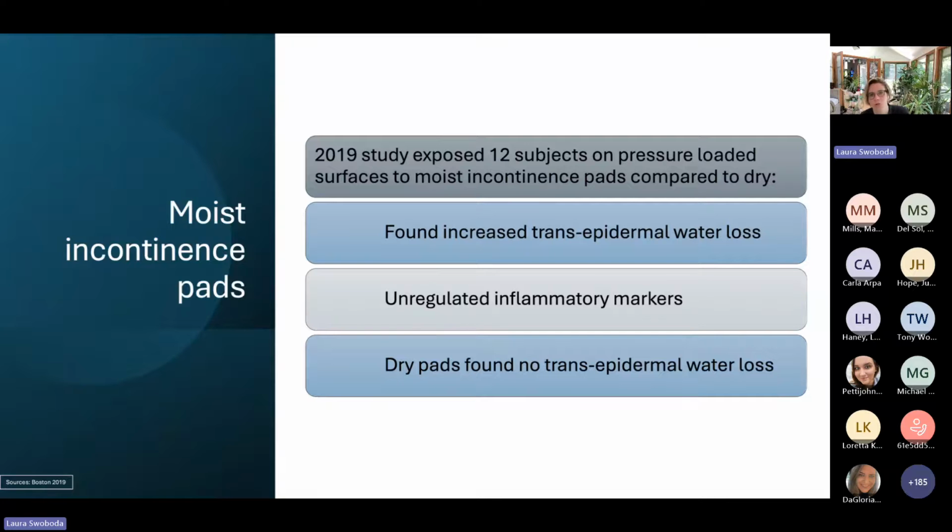So when we talked about the necrosis, the cellular deformation, and cell death from necrosis and how that's a positive feedback loop, when you already have upregulated inflammatory markers, you're adding fuel to that positive feedback loop. And dry pads found no transepidermal water loss, so those moist incontinence pads were especially effective in a negative way, right?